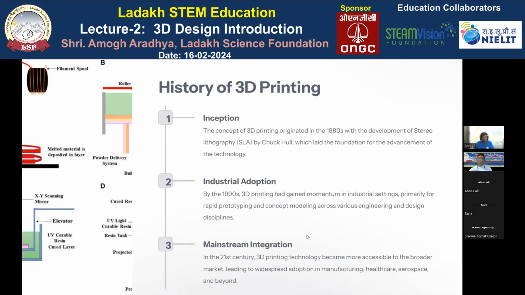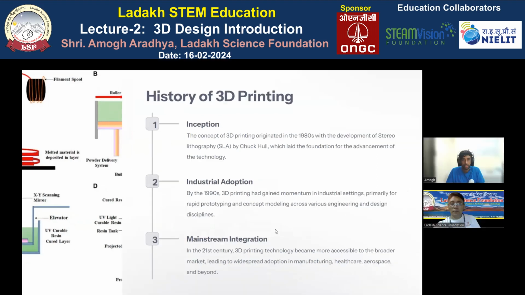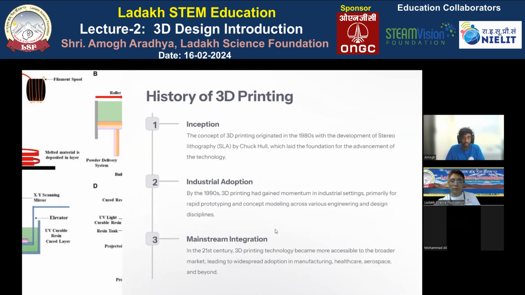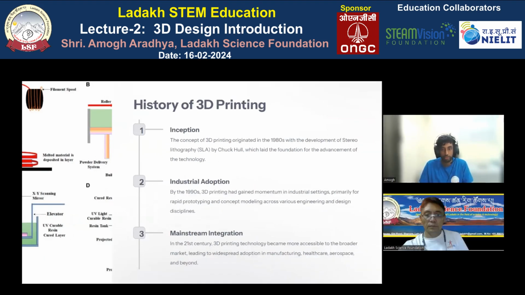In the 21st century, that is after 2010, 3D printing became more accessible because a lot of companies started manufacturing 3D printers for people like us, students and people who wanted to have it as a hobby. Its adoption was across all kinds of industries as well: manufacturing, healthcare, aerospace, and beyond.